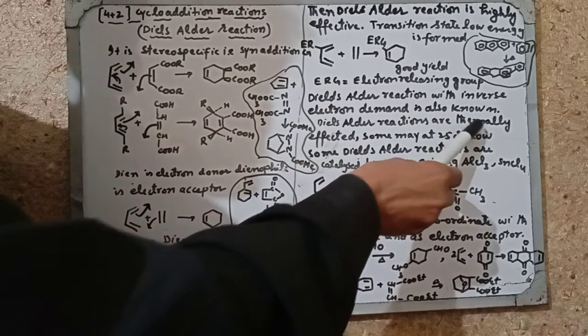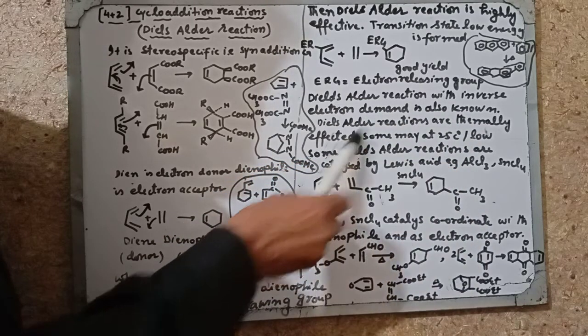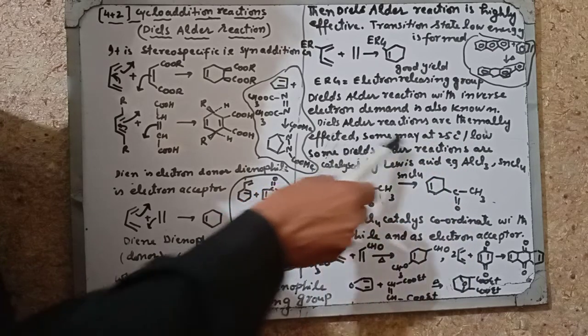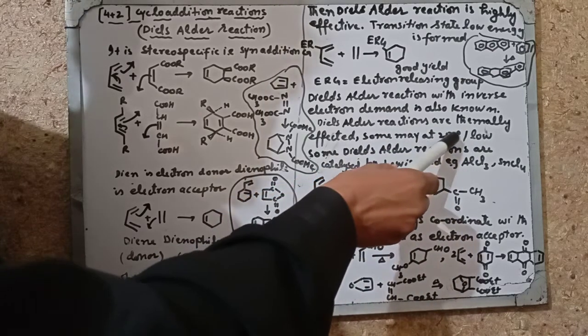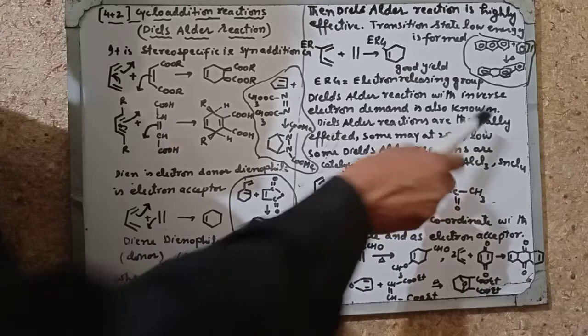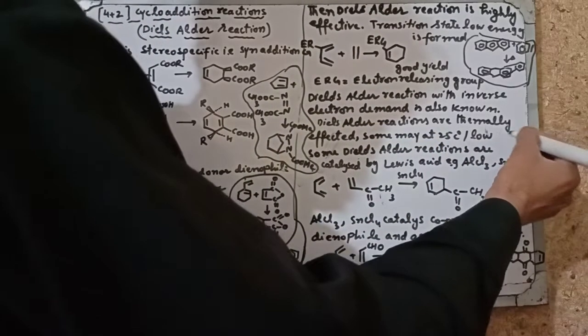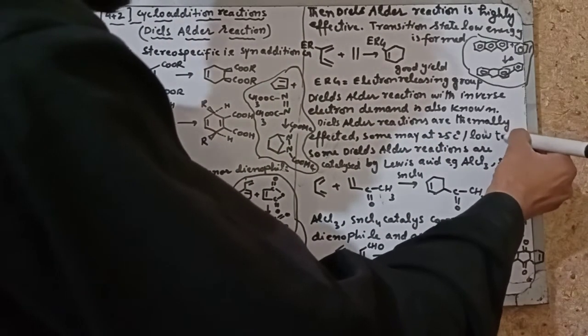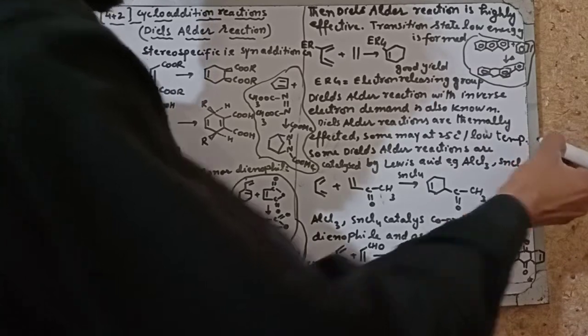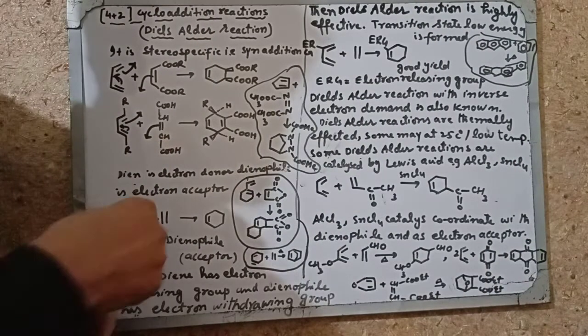Diels-Alder reactions are thermally induced. Some may occur at 25 degrees centigrade, and some at lower temperature; reactions below room temperature are also known.